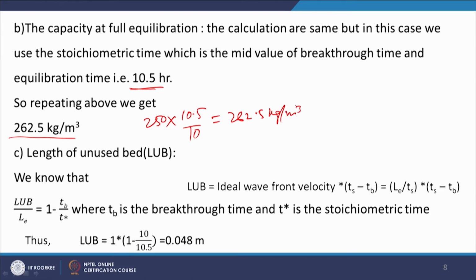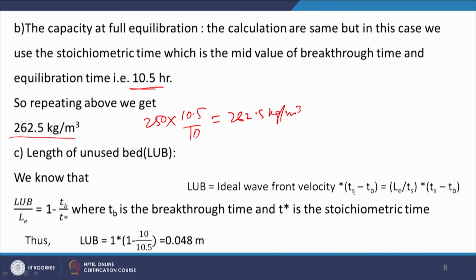Then third part, length of unused bed we have to find. In our previous class we have discussed one formula, that is LUB is ideal wave front velocity into Ts minus Tb, and that is equal to Le by Ts into Ts minus Tb.